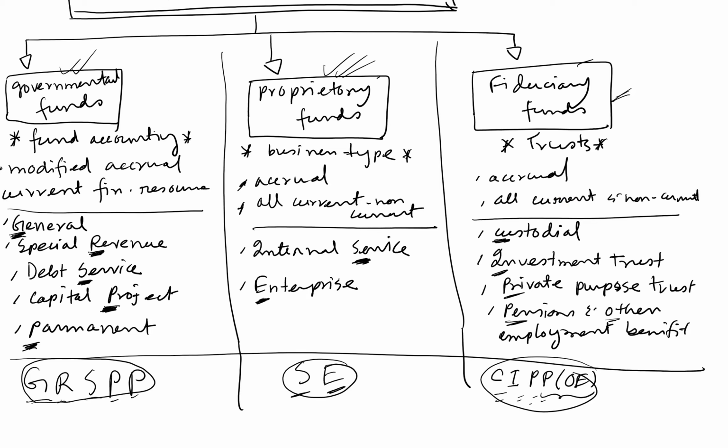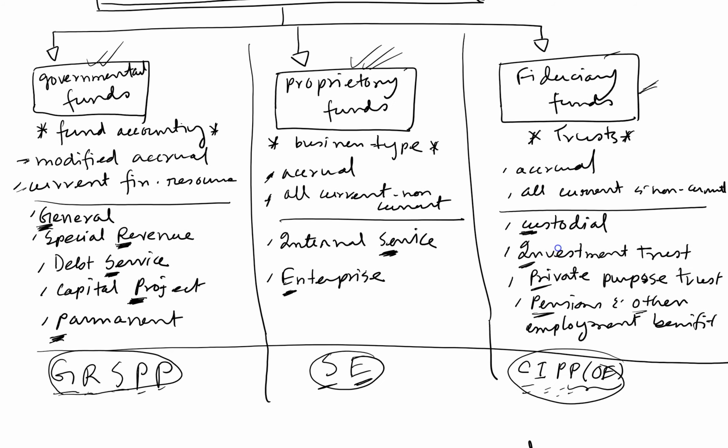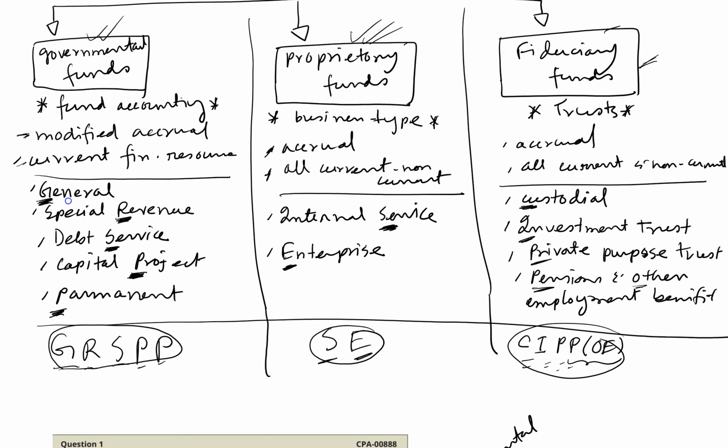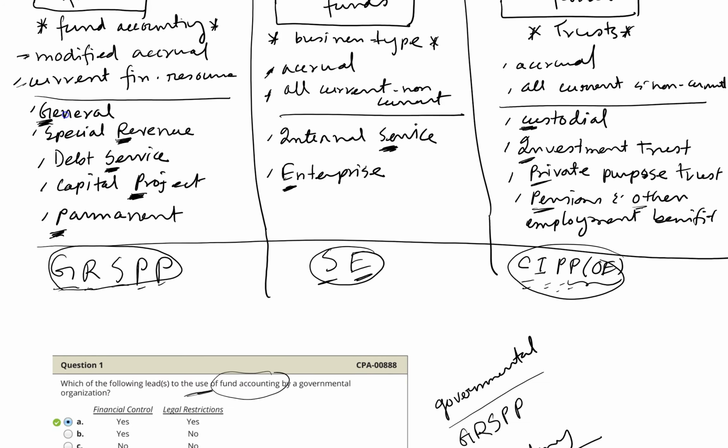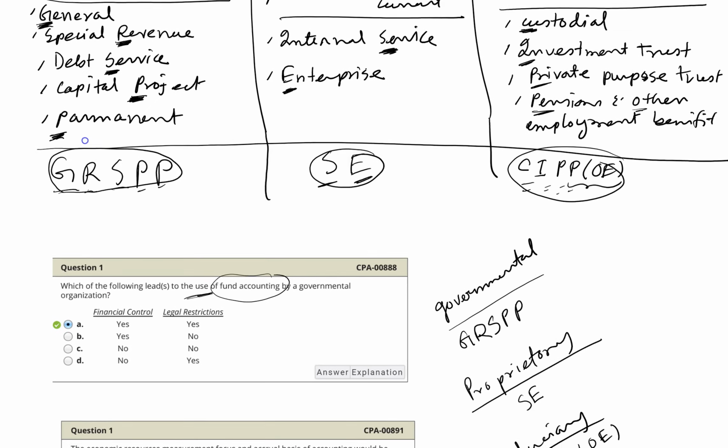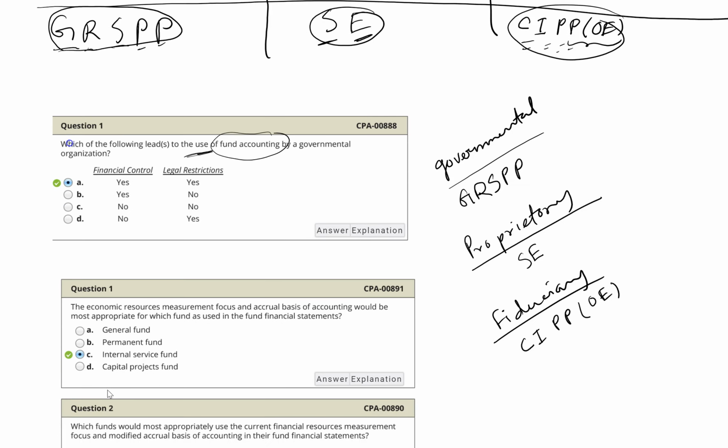We all know governmental funds of course use modified accrual, which is current financial resource measurement focus. On the other hand, proprietary and fiduciary funds focus on accrual. That means the focus is all economic resources, including both current and non-current.